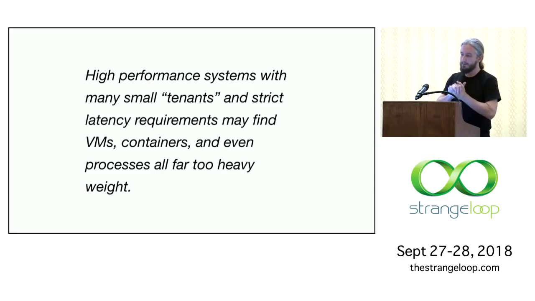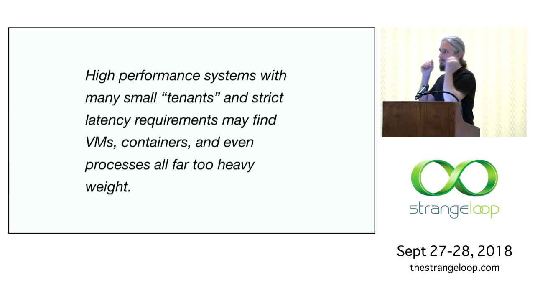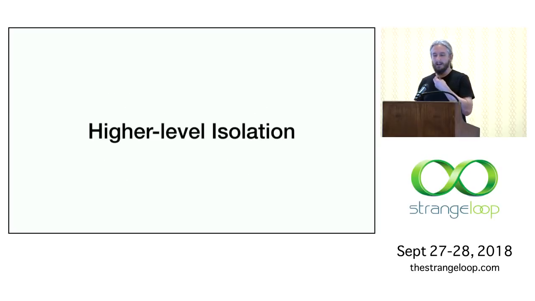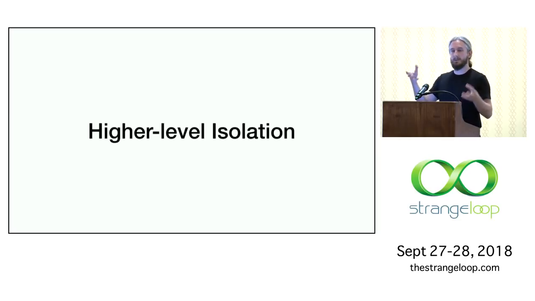The problem here is that traditional isolation is often too heavyweight for these small tenants that have very strict latency guarantees, right? So doing it in the traditional way doesn't necessarily work. So what are we to do? One way to address this is to provide isolation at a higher level, which is what I was saying that we do with the programming language that people often use to configure our CDN.